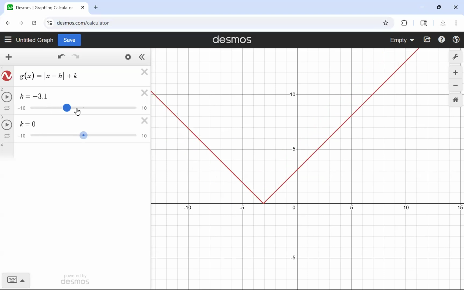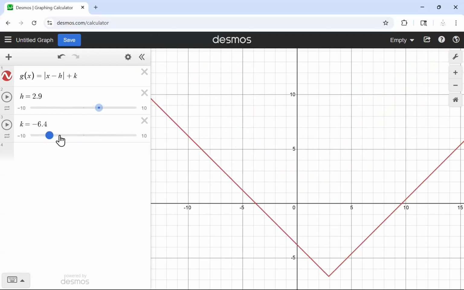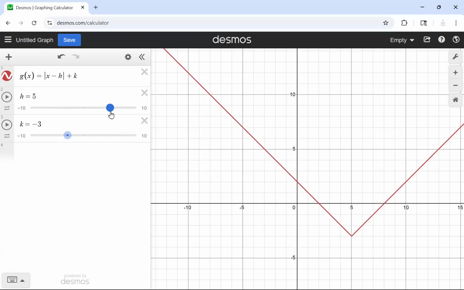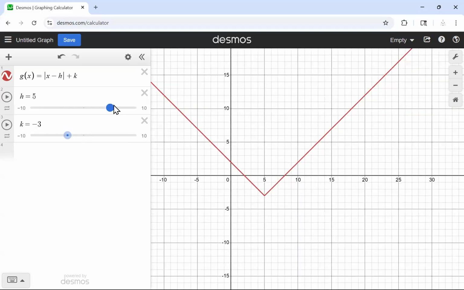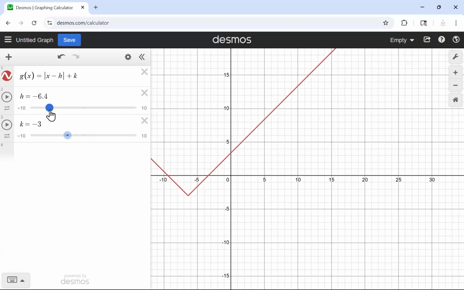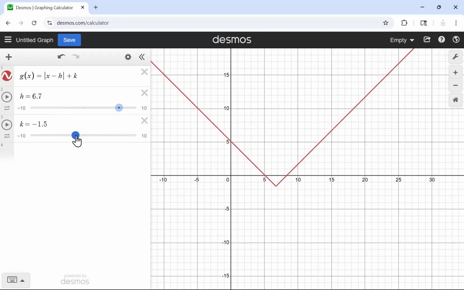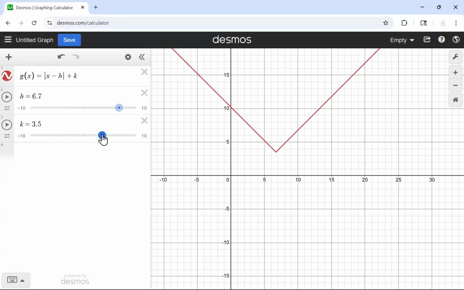And with this h and k, we can move the function up and down and left and right to wherever we want, by just adjusting the values of h and k.